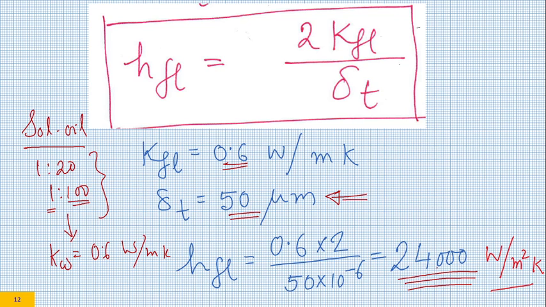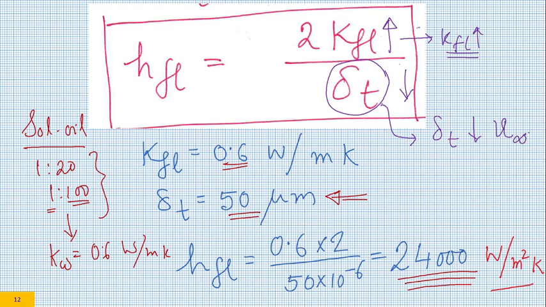So this equation we would like to spend some more time with. You can choose a fluid whose thermal conductivity is higher. This is one way. Another way is that this thickness has to be reduced. How can you reduce it? This will reduce if the fluid velocity is increased. How do you increase fluid velocity?